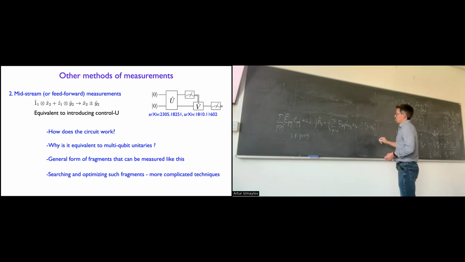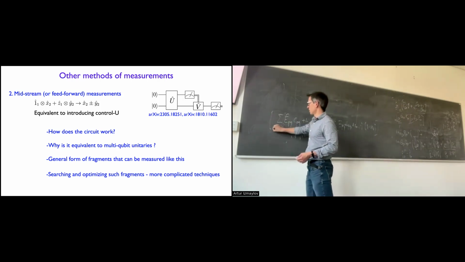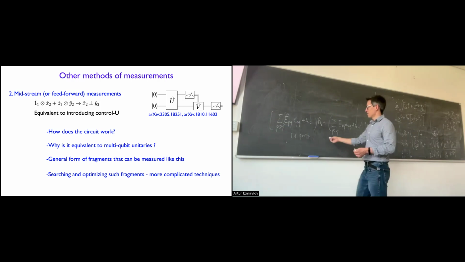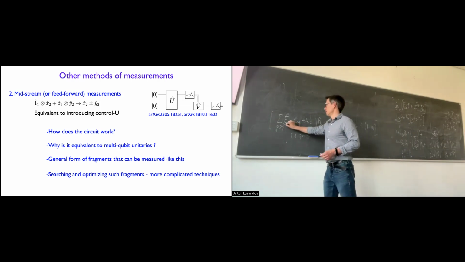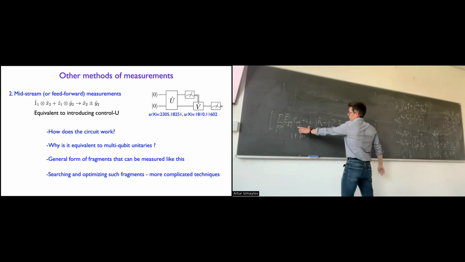Anything like this can now be measured, and formally this is a 2 electron fragment, because this is 1 electron and this is 1 electron.